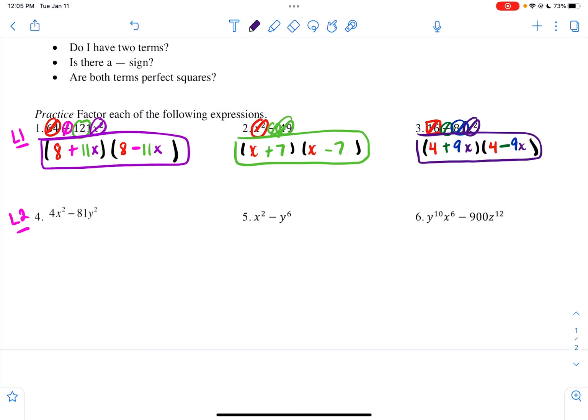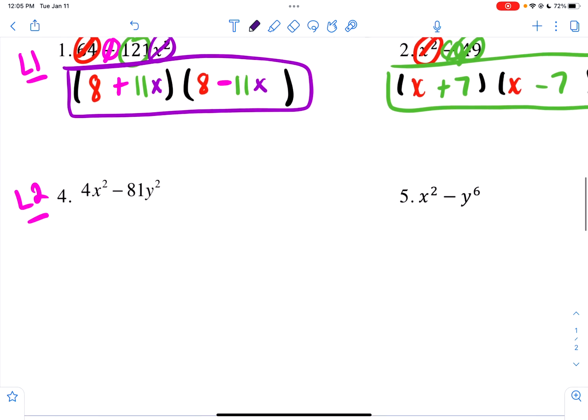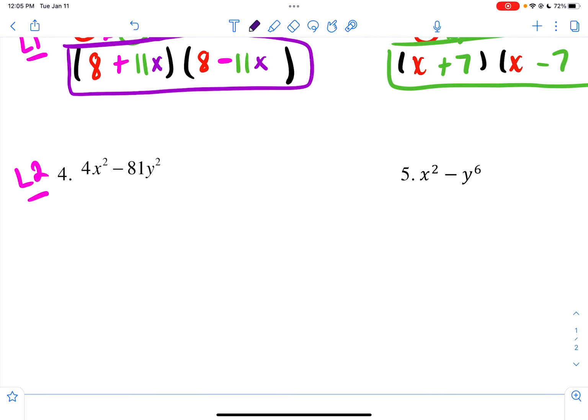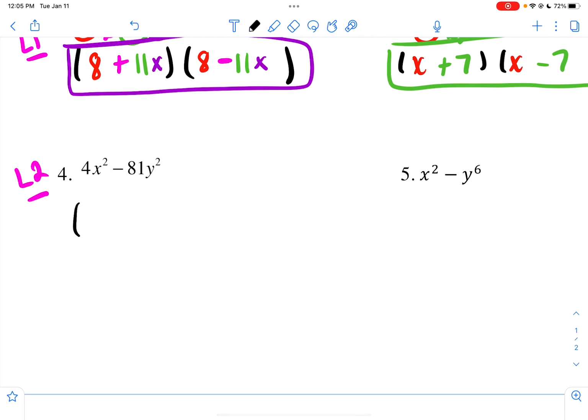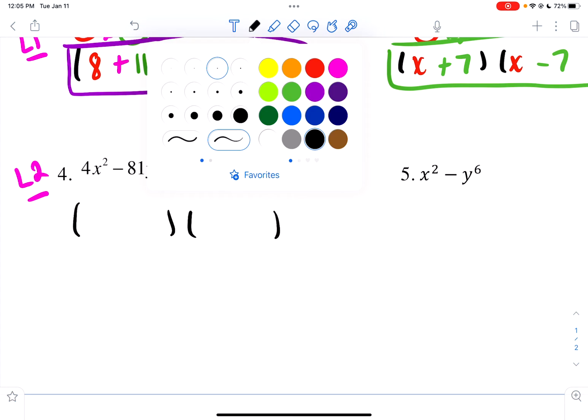Now the level 2 problems are a little different because it's very variable focused. It's not as much coefficient focused. If I look at my first binomial, I do my double bubble. What makes 4? 2 and 2.